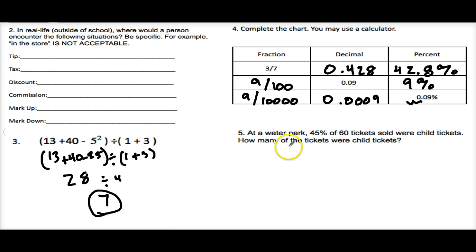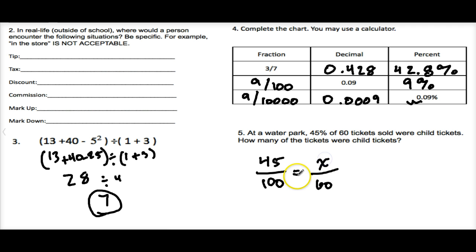Number 5, at the water park, 45% of tickets sold were child tickets. How many tickets were sold that were children tickets? So this is where you're going to have your 45% over 100. And the total number of tickets was 60, so the total goes on the bottom.